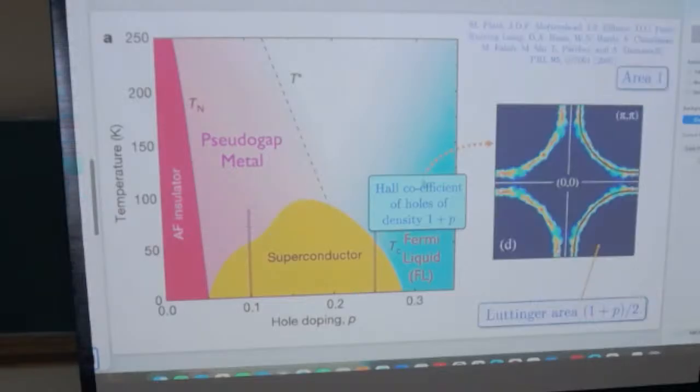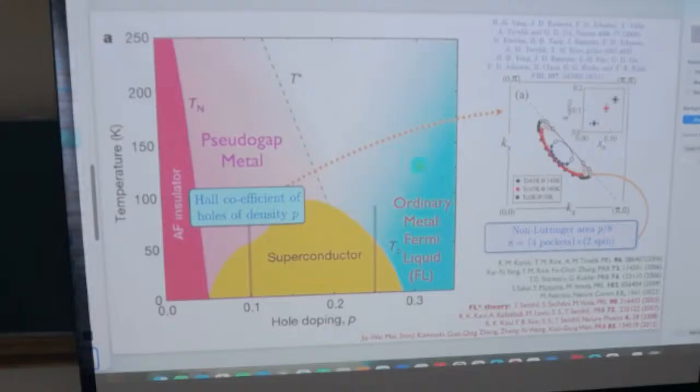Then you can look at photoemission. In photoemission, you see this large Fermi surface at large P, and you see these mysterious Fermi arcs, which various people, including us, have argued are really pockets, and in fact, I agree with that.